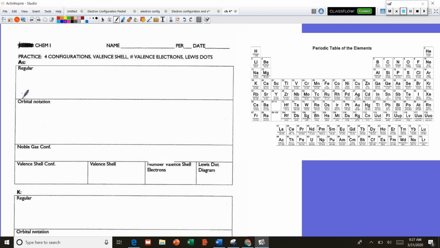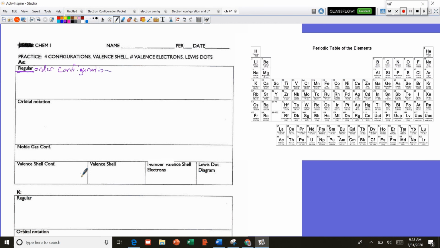So we're going to talk about the different types of electron configurations. So a regular order configuration. All right. On this one, I'm going to do this one with you, and then I'm going to give you opportunity to pause the video and practice it on the other ones.